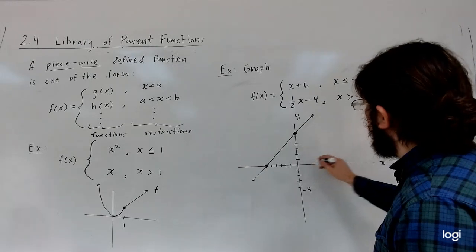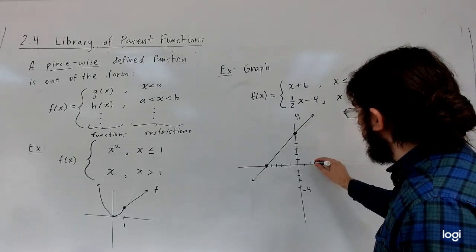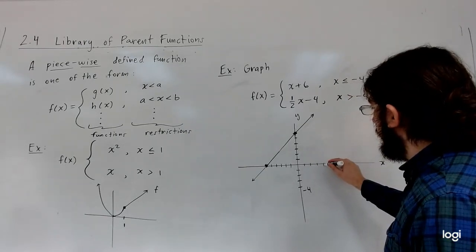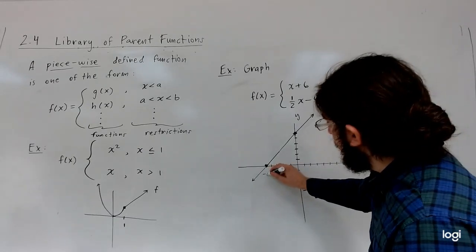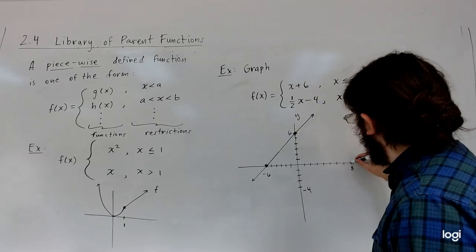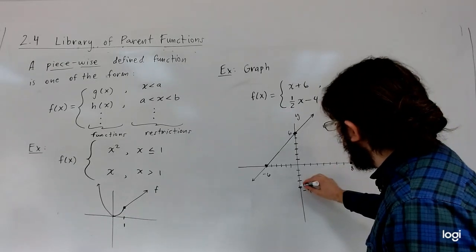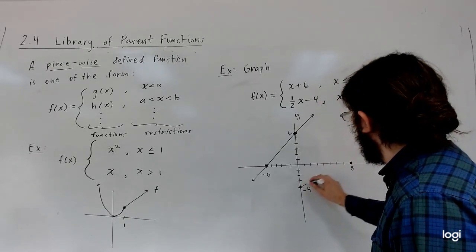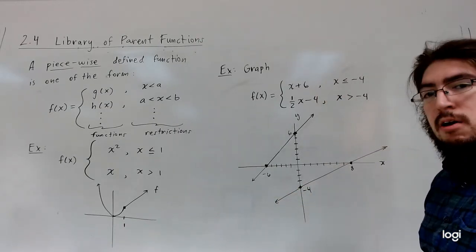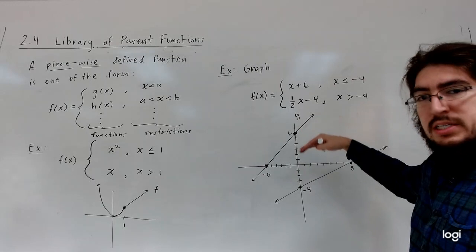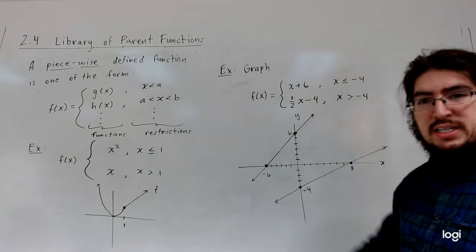So its x value is actually going to be positive 8, which is way over here. Let's see, 1, 2, 3, 4, 5, 6, 7, 8. This was negative 6. This is positive 6. So connecting these two, we get this line.